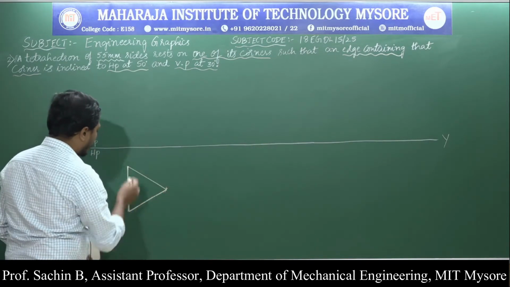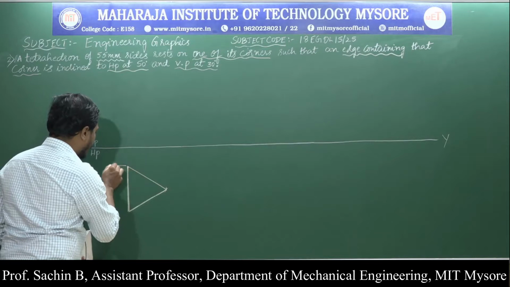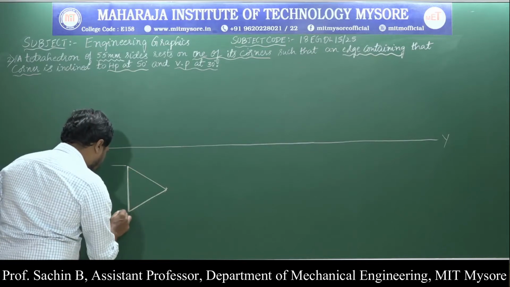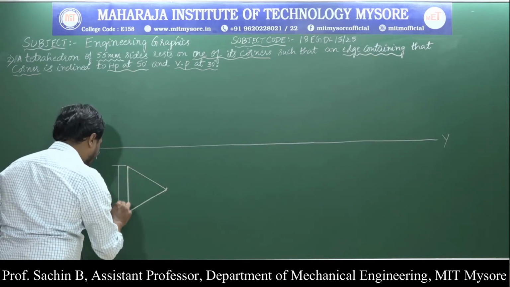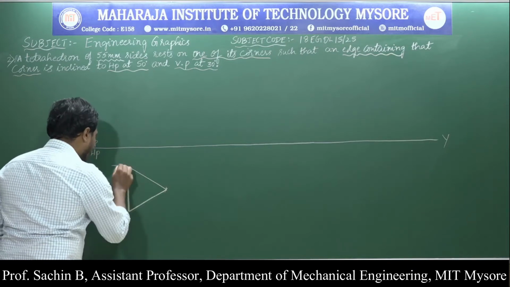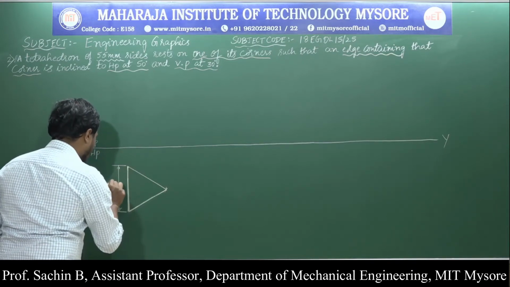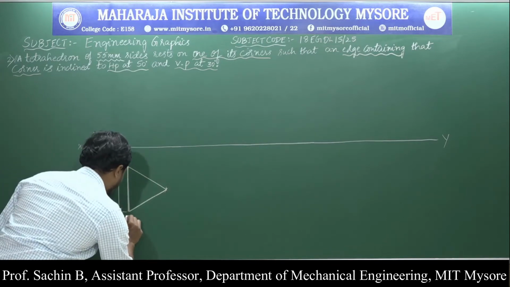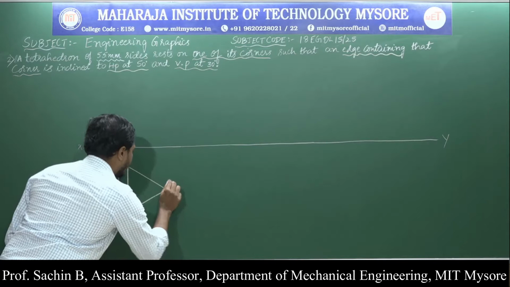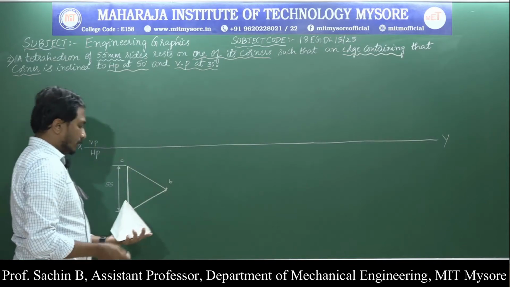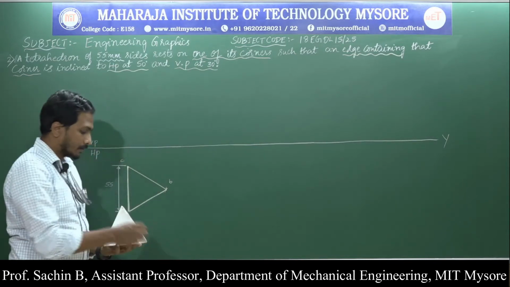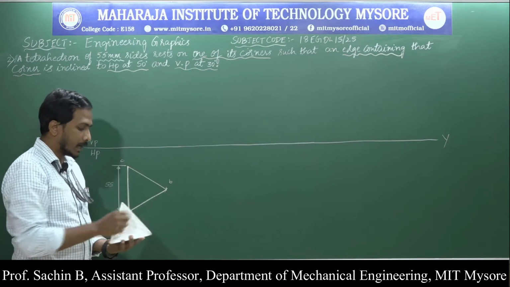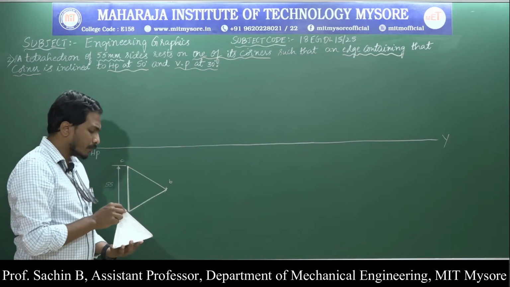Now, after constructing the tetrahedron of edge length 55 mm, I will name the corners. I call these corners A, B and C. Now for the tetrahedron, we have the slant edges, which are clearly visible from the top view.